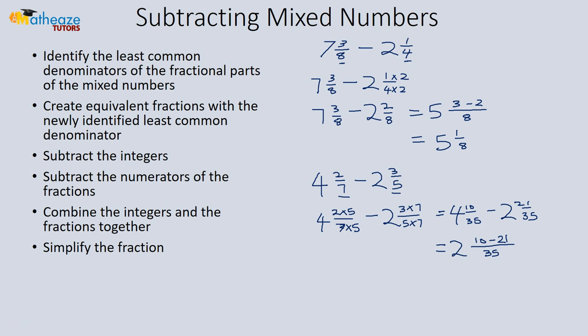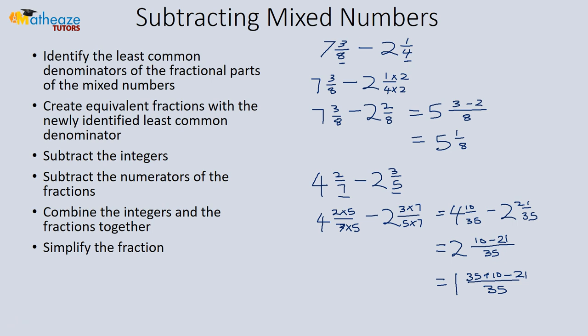So here's what we're going to do. We're going to borrow 1 from here, from 2. That's going to give us 1. And the 1 that we have borrowed is 35 over 35. So we're going to add 35 plus 10 minus 21 over 35. So this right here represents the 1.